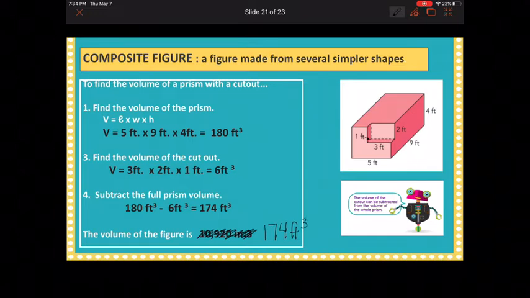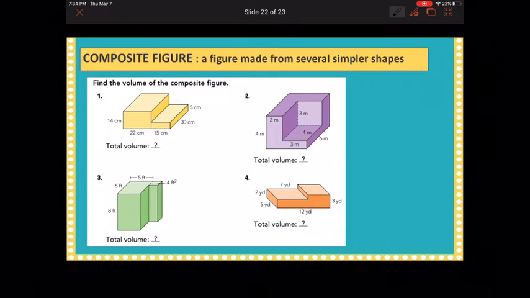That's our volume of this composite figure. Okay, so just to wrap it up, the two types of composite figures are where you're going to be able to separate it into separate rectangular prisms, or you'll see a rectangular prism with a cutout. Now that you know how to do both of them, let's try some samples.